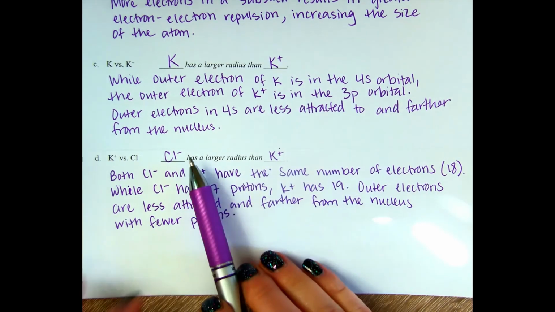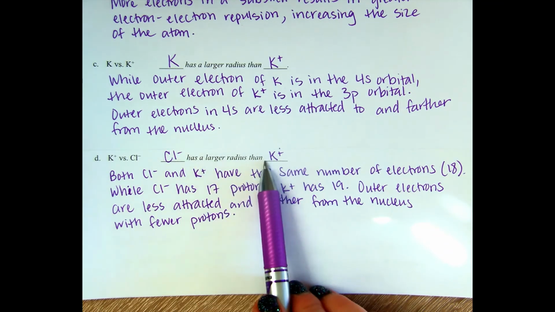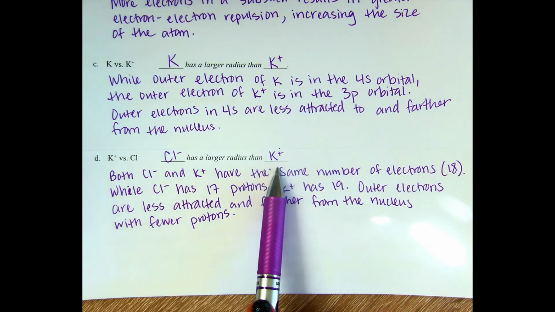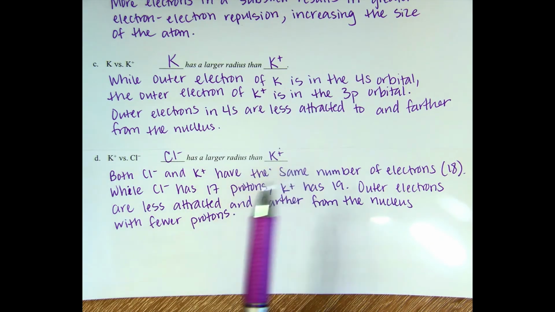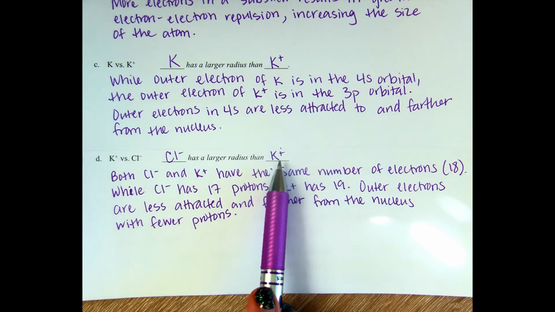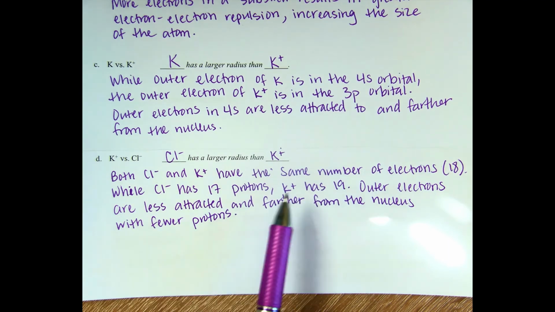So we call these isoelectronic species. And we call them isoelectronic species because they have the same number of electrons, but they have different charges and they have different identities too. So these are isoelectronic species. And for any isoelectronic species like this, where the number of electrons is the same, the only thing that's really going to affect the size or determine the size is the nuclear charge.